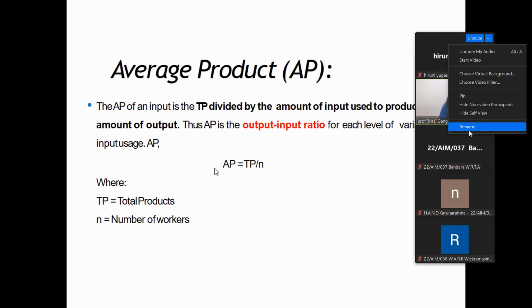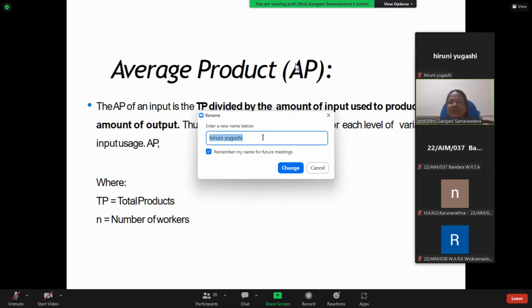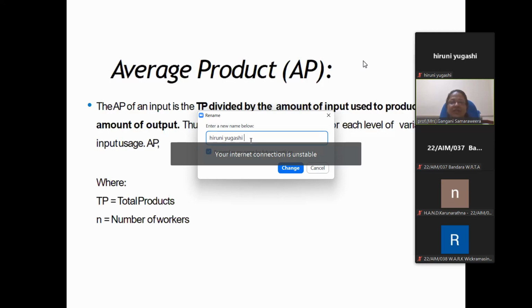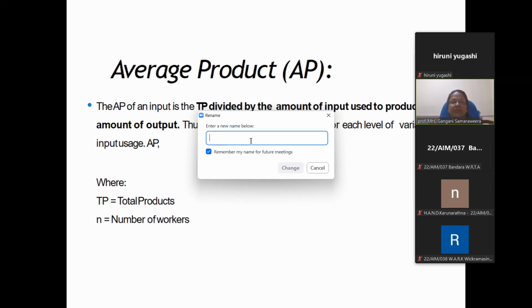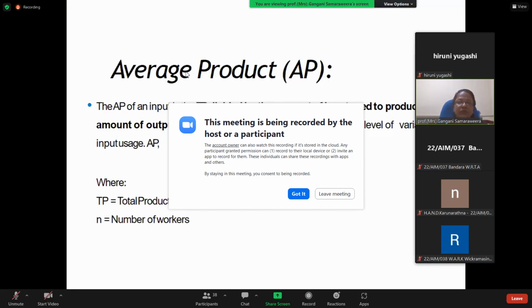Please try whether you can do this question by yourself first. The average product is the total product divided by the number of units.